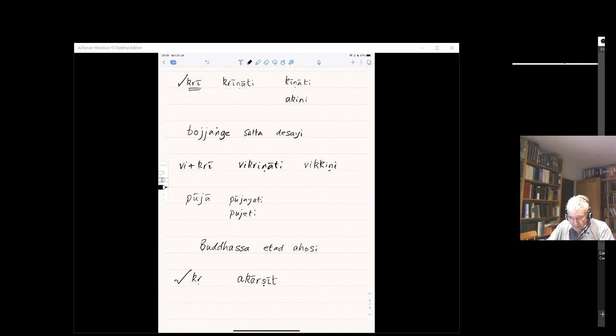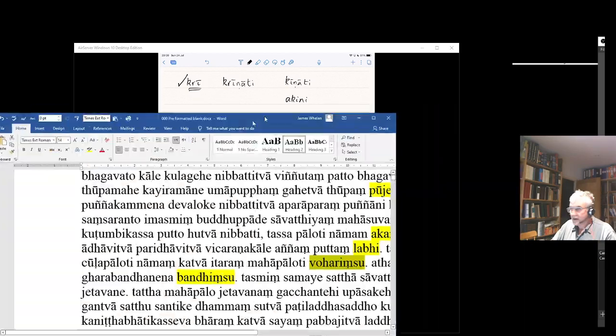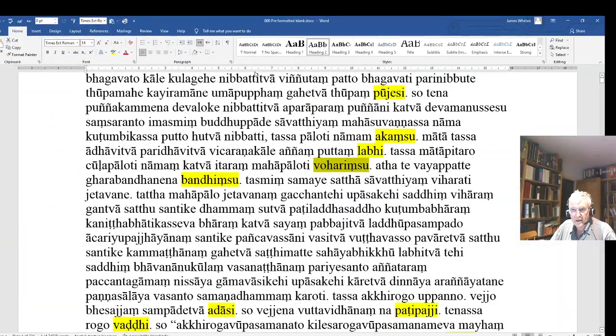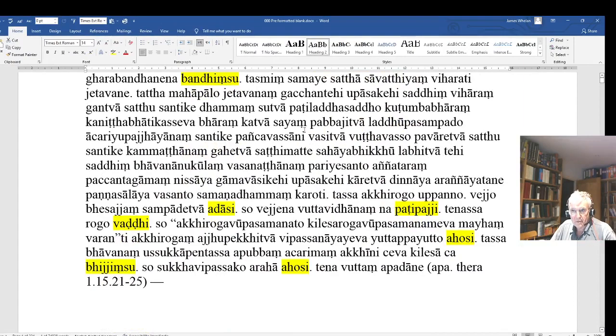Okay, it looks a bit complex. You don't need to remember this by heart now, but akarshit is a regular formation of the aorist from kri in Sanskrit. Where you have then the Pali form, which is akasi, which we saw in this text I had up for you a moment ago.